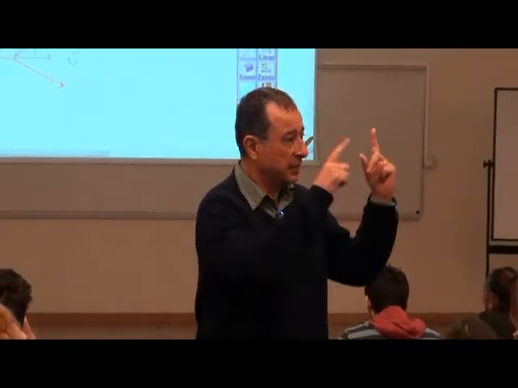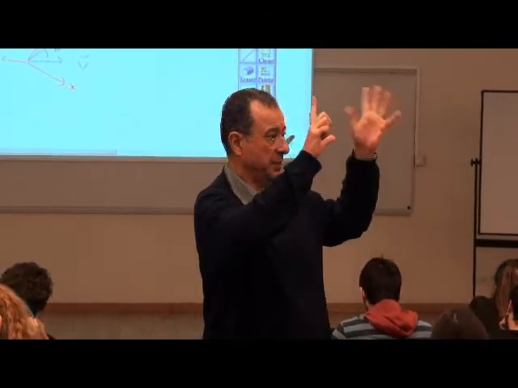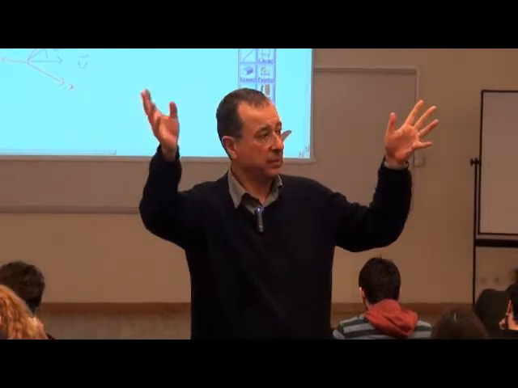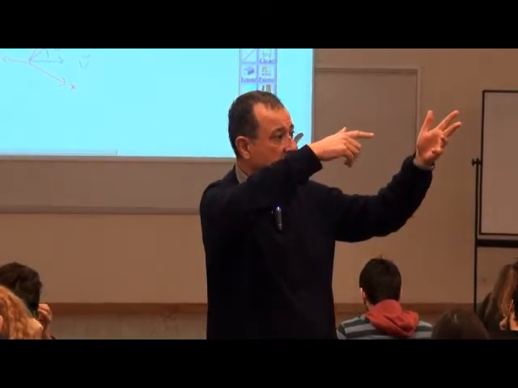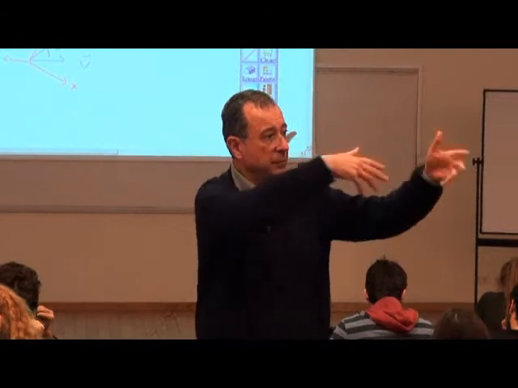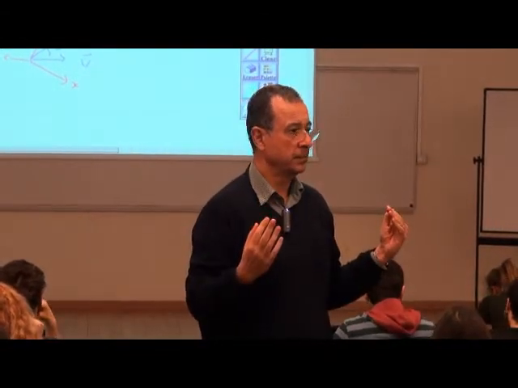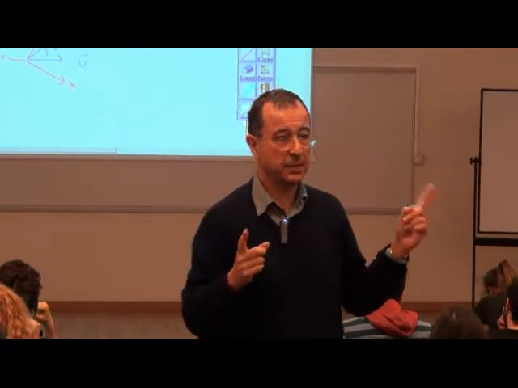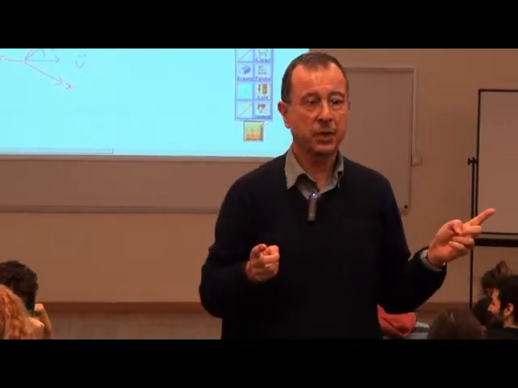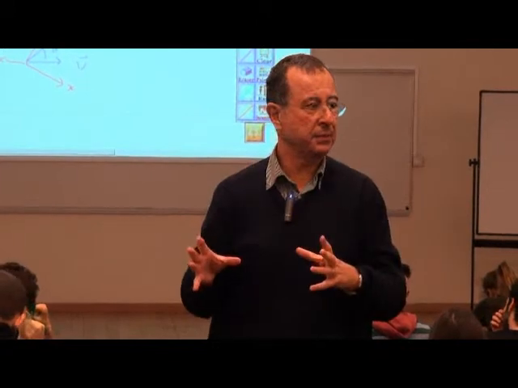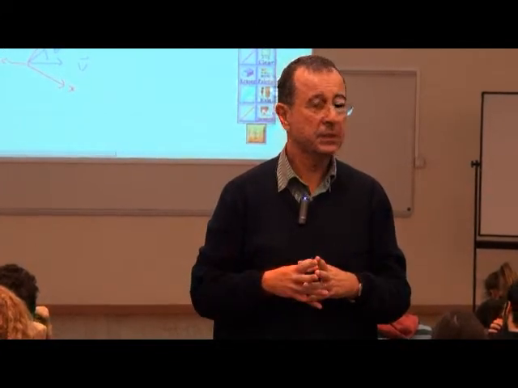I showed that if my original definition, ux vx plus uy vy plus uz vz, is the right definition, then this must also be true. This is proof. It is not science, it is mathematics. So we start with one definition, and you get another definition. Clear?